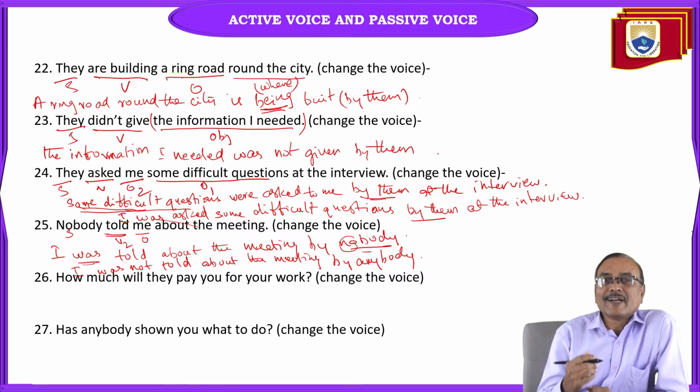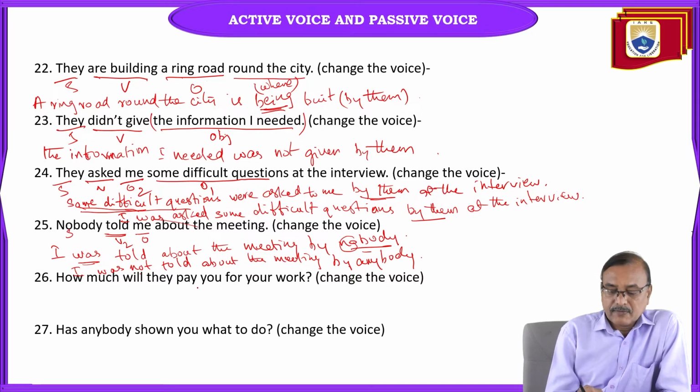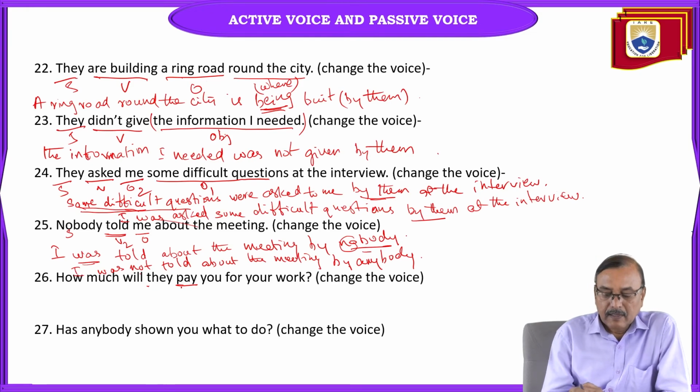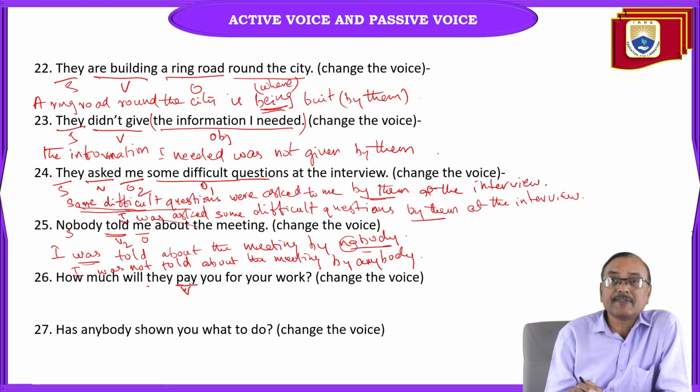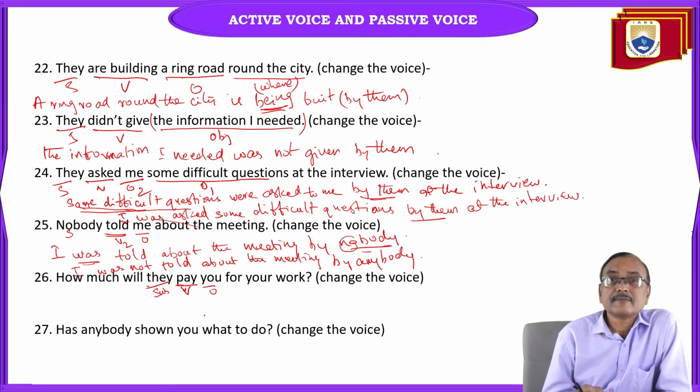A little more difficult just, but be clear. How much will they pay you for your work? So what is the verb here? Pay is the verb here. They is the subject. You is the object. For your work.